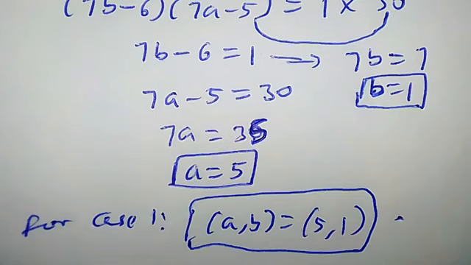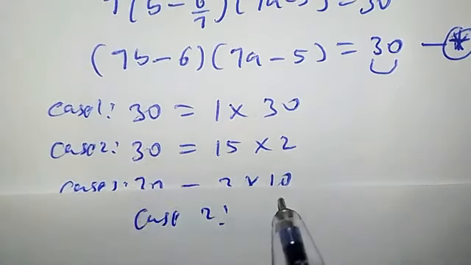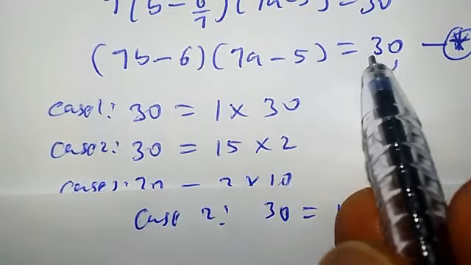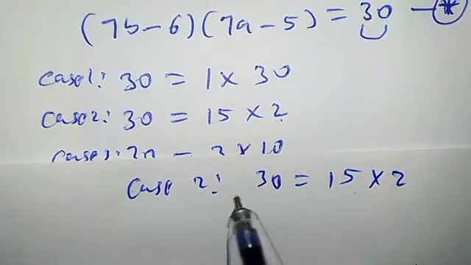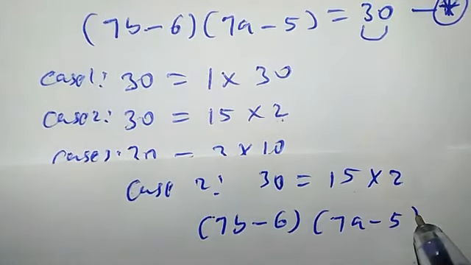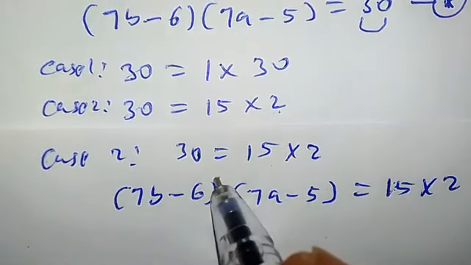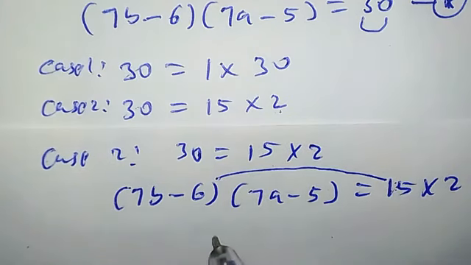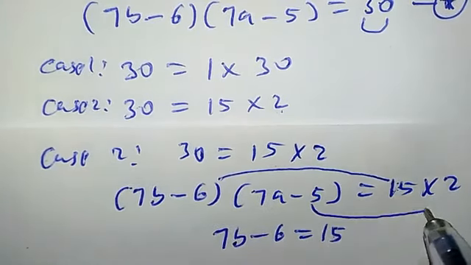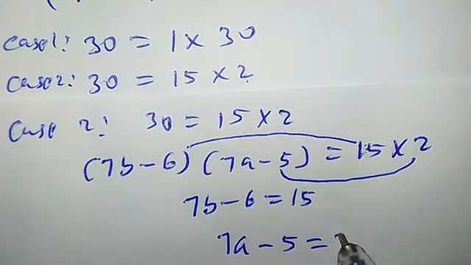Now let's consider case 2. For case 2, we have 30 equals 15 times 2. We replace 30 with this. So we're going to have 7b minus 6 times 7a minus 5 equals 15 times 2. Comparing, we have 7b minus 6 equals 15, and comparing the second terms, 7a minus 5 equals 2.